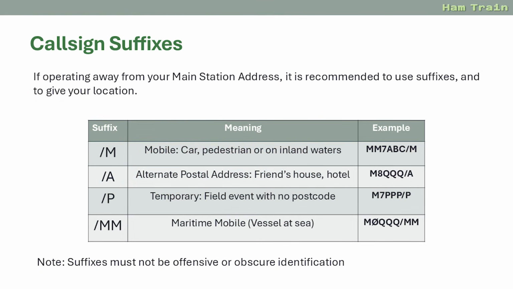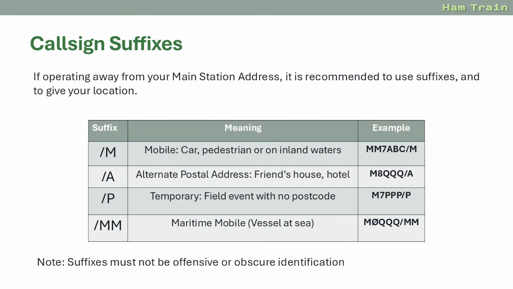And staying with call signs, we have something called call sign suffixes. If you're operating away from your main station address, it's recommended to use suffixes. These aren't optional, but they are quite common. Stroke M would indicate that you're mobile, either walking about, in a car, or on inland waters.